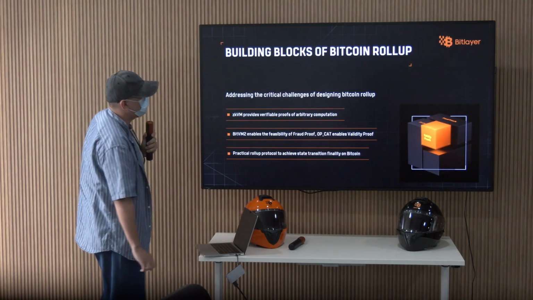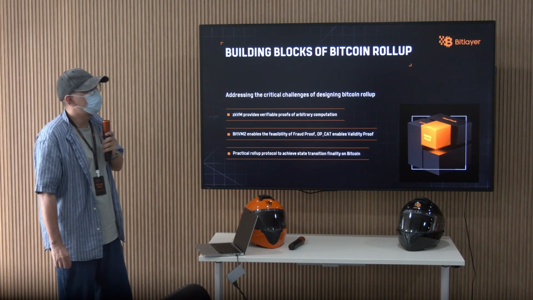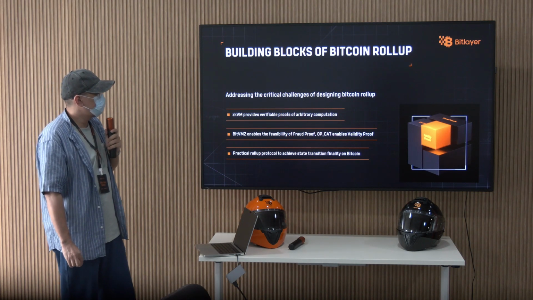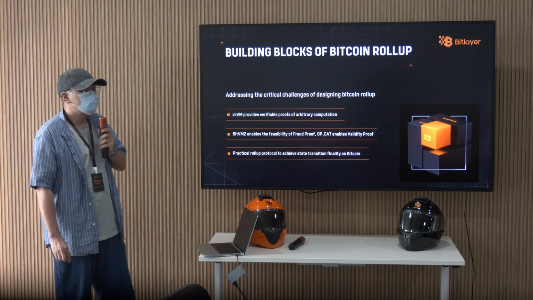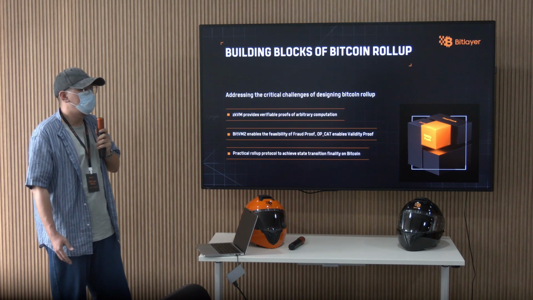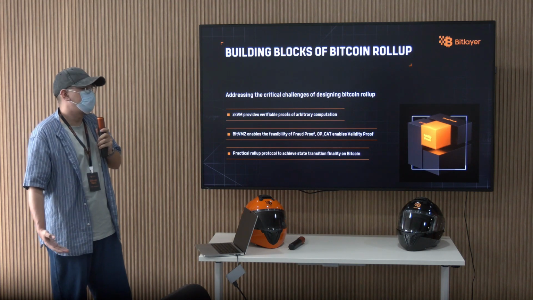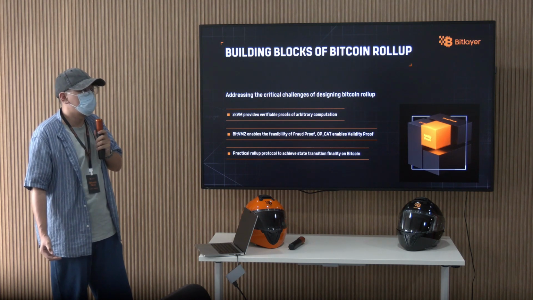Here is our solution to building the native Bitcoin rollup. We're taking advantage of the zkVM to provide verifiable proofs of arbitrary computation, so that we can address the programmability limits of Bitcoin script.